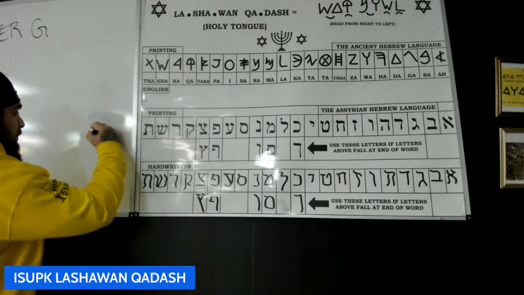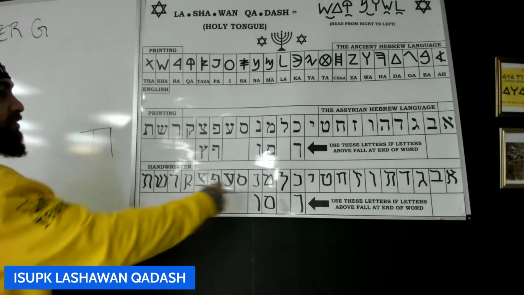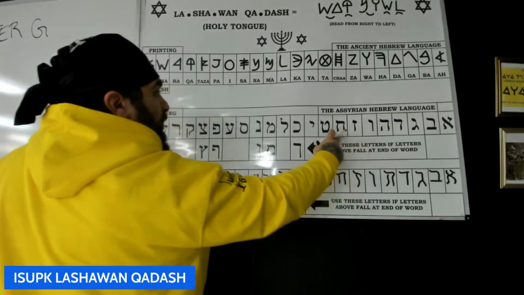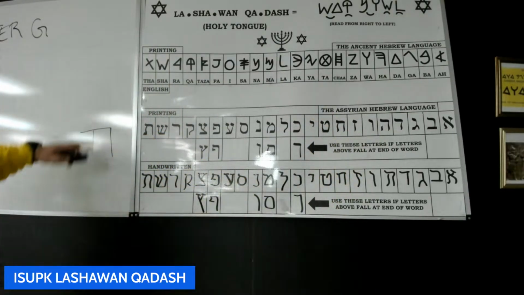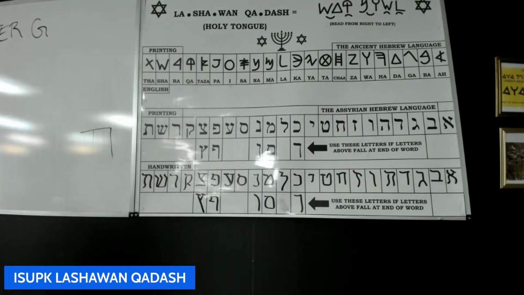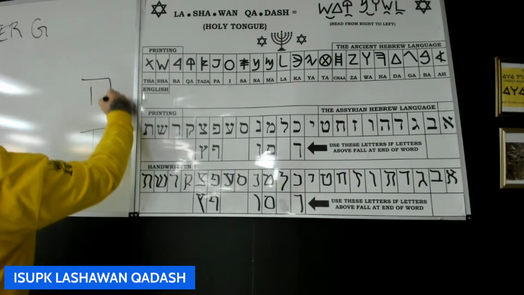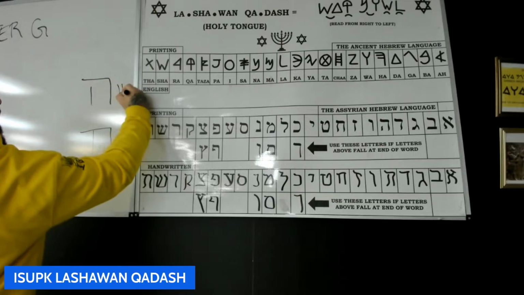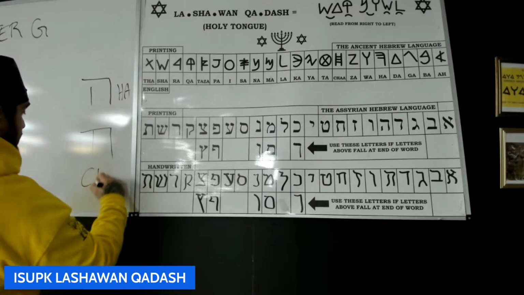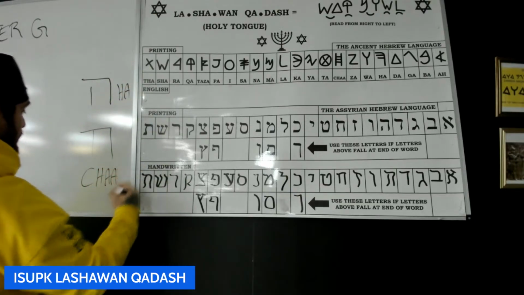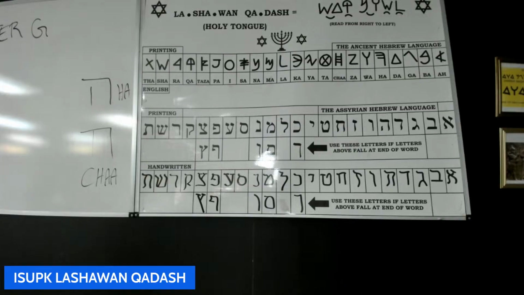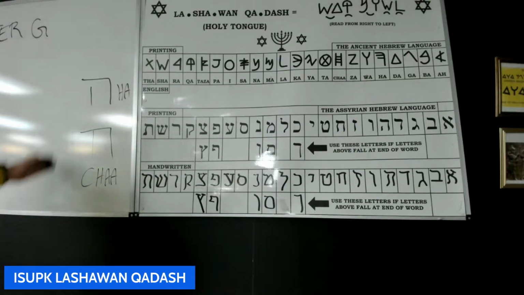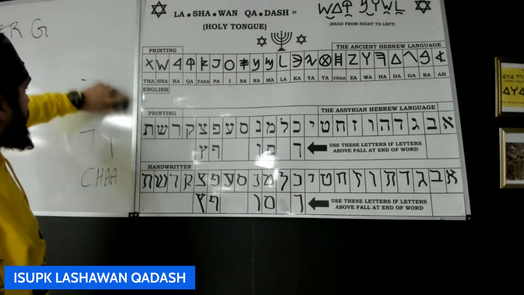Next one is Ka. It kind of looks like Ha, but Ka actually connects with the line right here, so everything connects. There's a Ha, and right here, the Ka. They look similar, but they're still different. All right, move on.